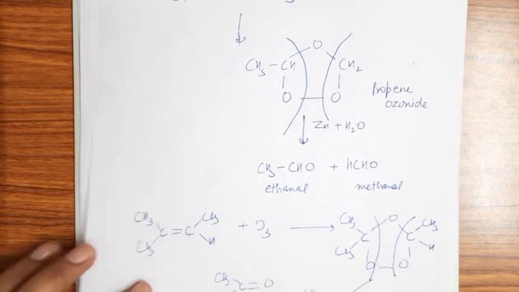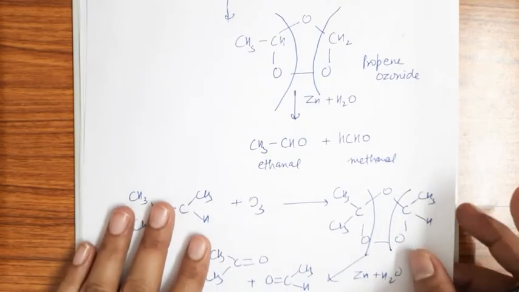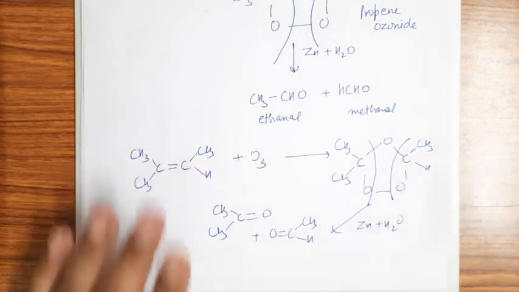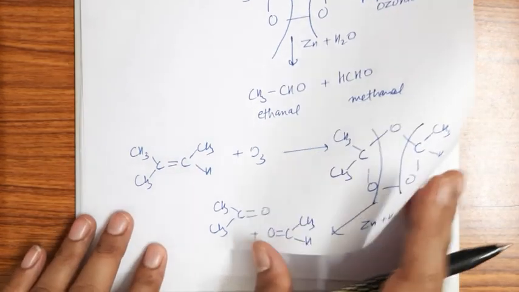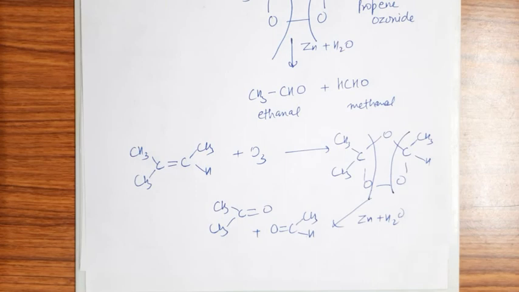So a mixture of aldehyde and ketone is formed, right? I think this is visible to all of you. Now, remember the most important reactions are related to the addition of HBr, which is according to Markovnikov and anti-Markovnikov, and the ozonolysis. These are very important reactions.